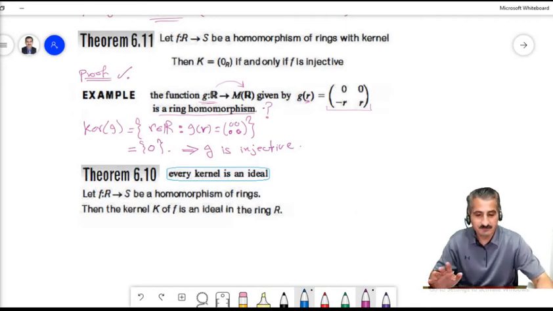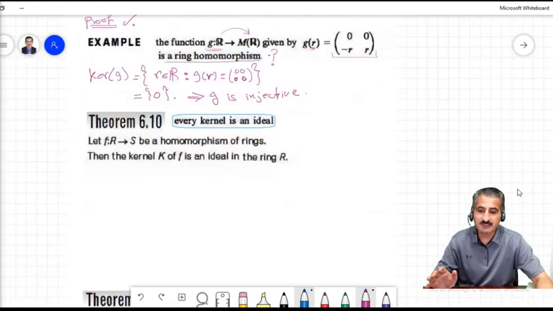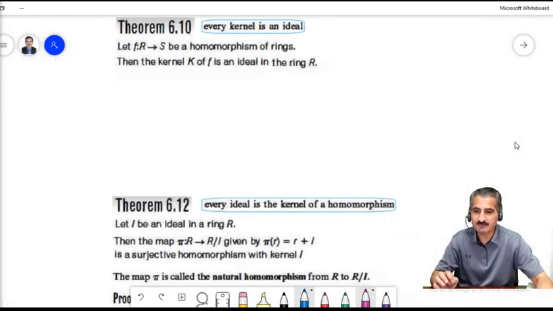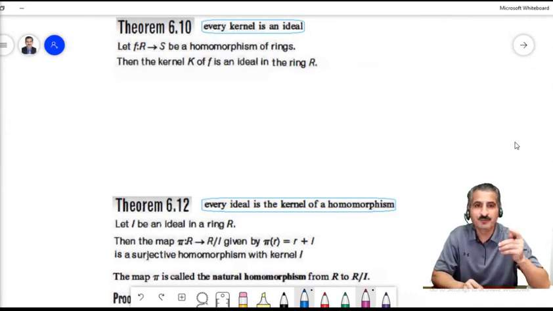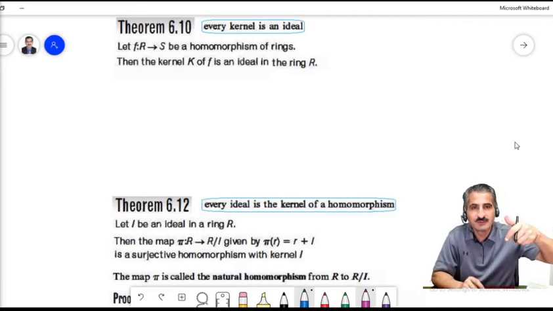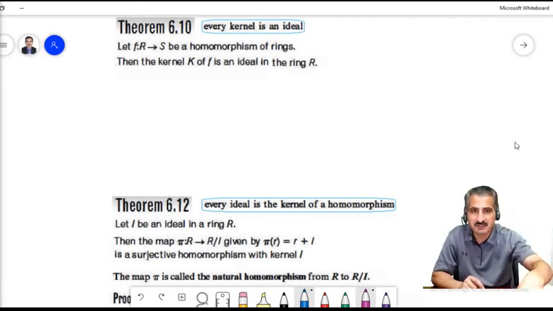Now we learned about the kernel, and if you remember when we defined the kernel when we were working with the groups, we proved that the kernel is a normal subgroup, and then we could factor the group over the kernel, and then we produced the first isomorphism theorem.